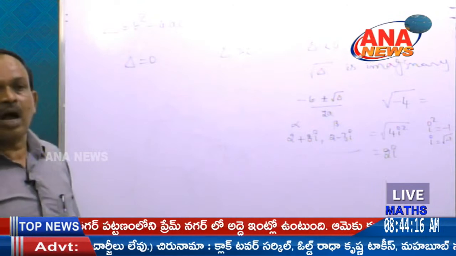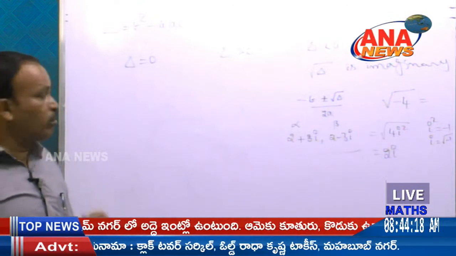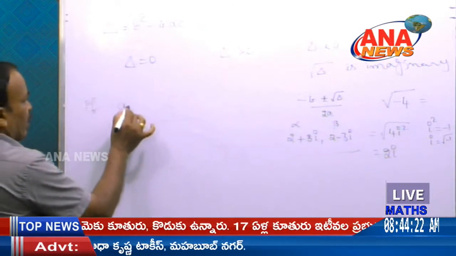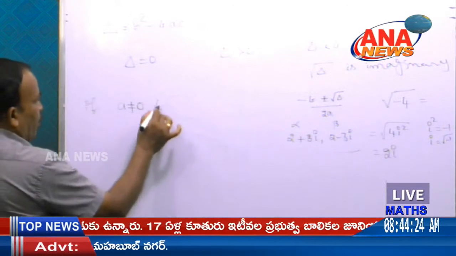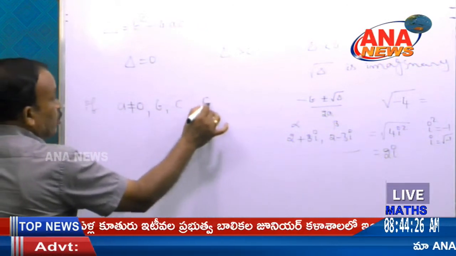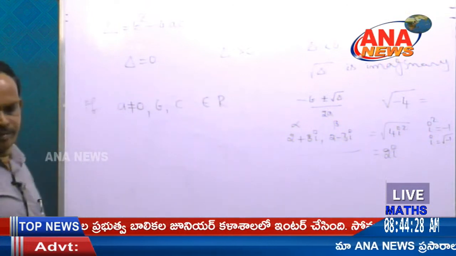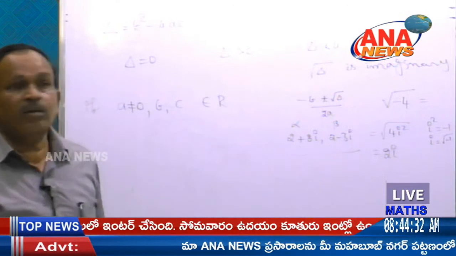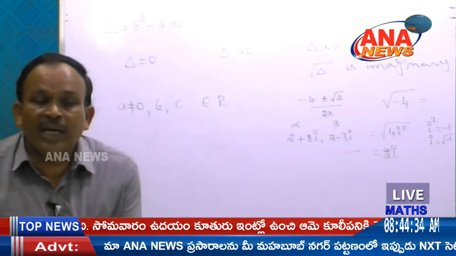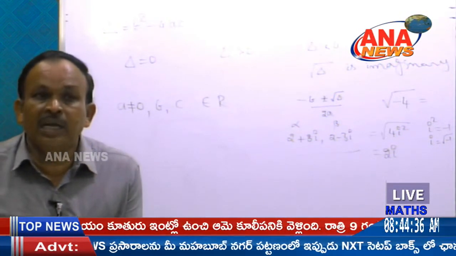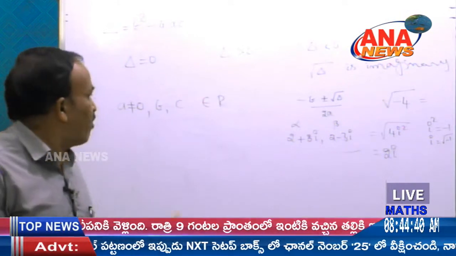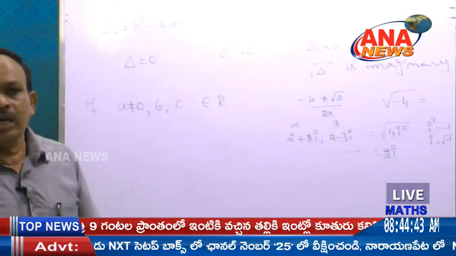Suppose a, b, c are real, with a not equal to 0 and b, c belonging to the real number set. That means non-imaginary complex numbers, which means real values.